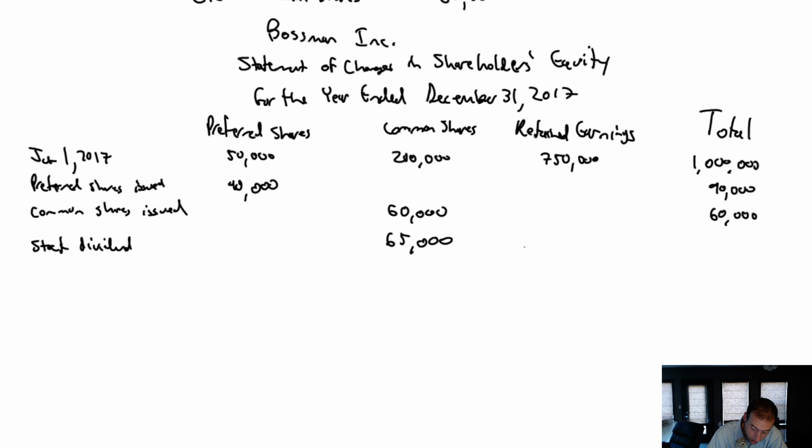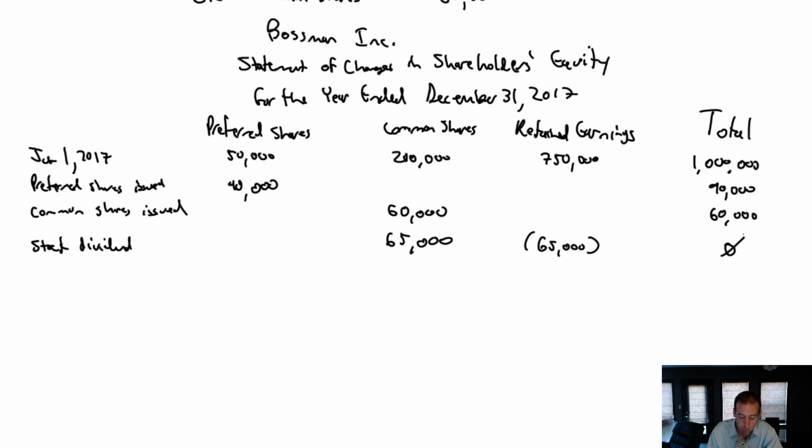It also simultaneously made our retained earnings decrease by 65. So it has a net overall effect on our shareholders' equity of 0. Our common shares up 65,000. There's 65,000 more common shares in the world. Retained earnings down because I'm paying out my common shareholders in the form of common shares.